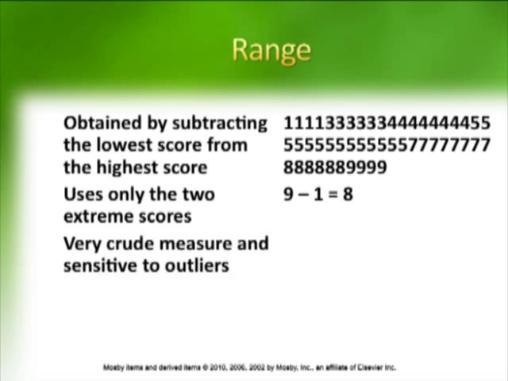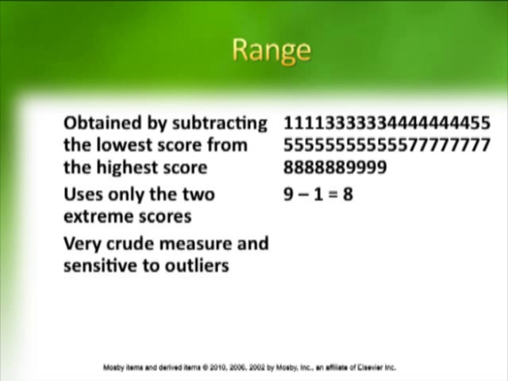Now the first one we're going to look at is the range, and it's the easiest. It is measured by subtracting the lowest score from the highest score and uses only the two extreme scores. In this example, it's 9 minus 1, which equals 8. It is a very crude measure and sensitive to outliers.